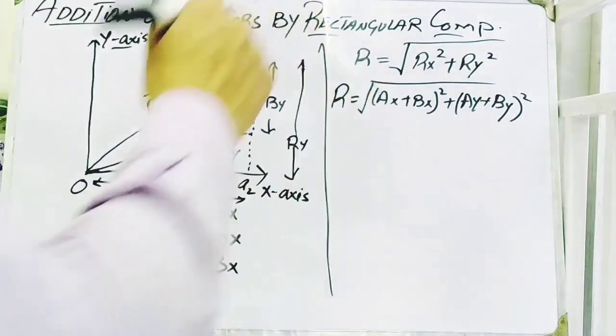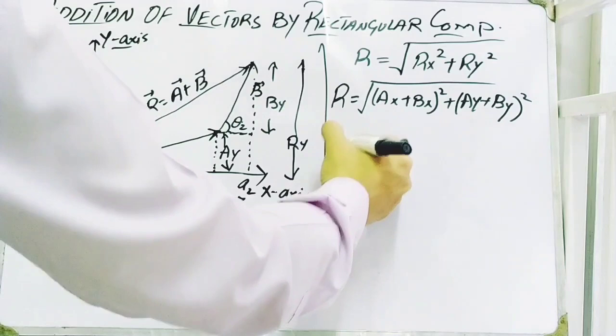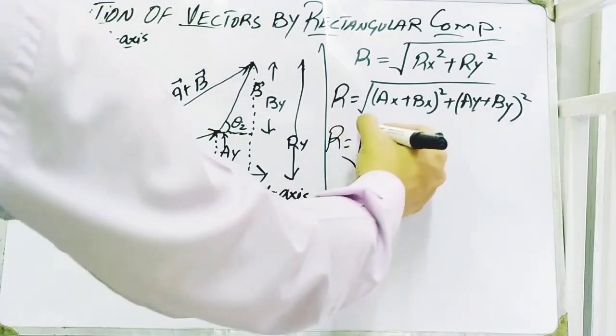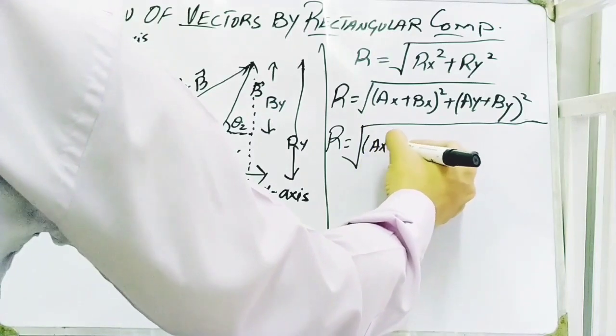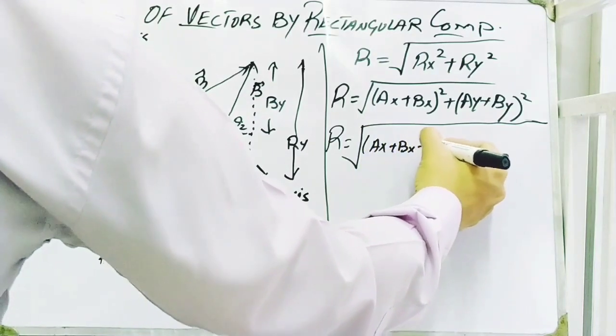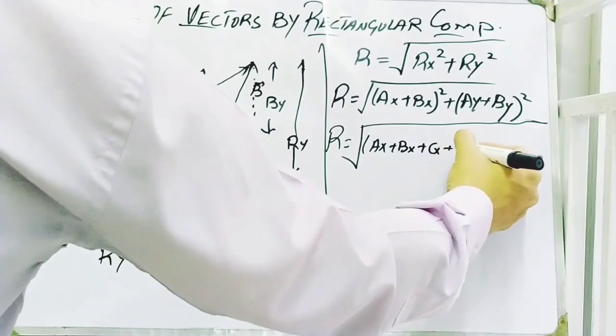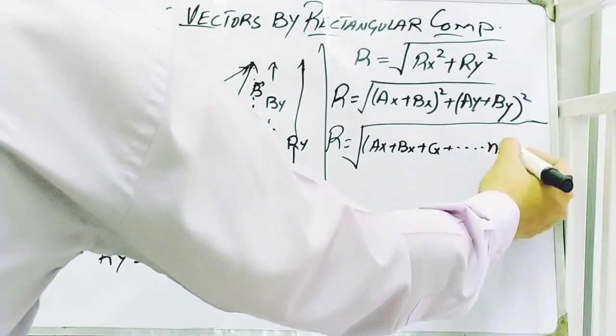then this formula will be changed into the next formulation, which is R is equal to, this will be something lengthy, Ax plus Bx plus Cx plus Nx.